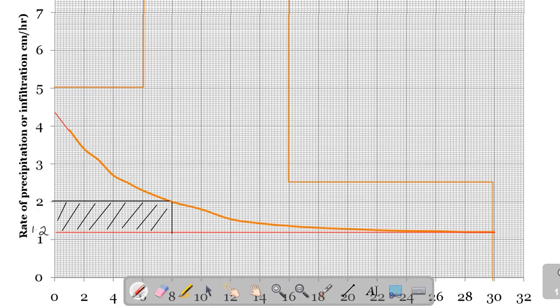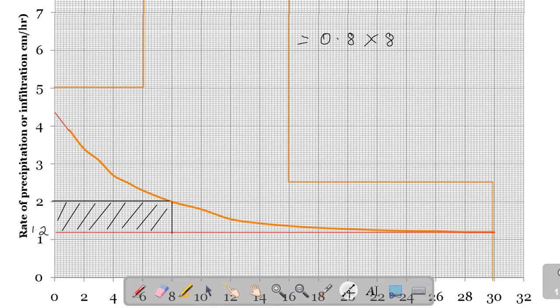So 2 minus 1.2, you will be getting as area. It is 0.8 on the y-axis and 8 on the x-axis. That you are getting in a different unit. Finally, we will convert that into a common unit. Okay, 0.8 into 8.